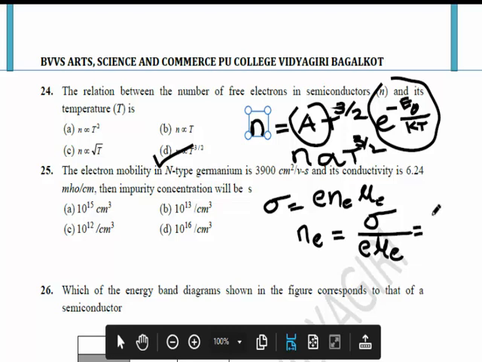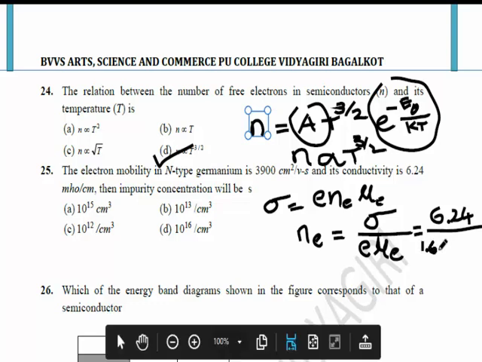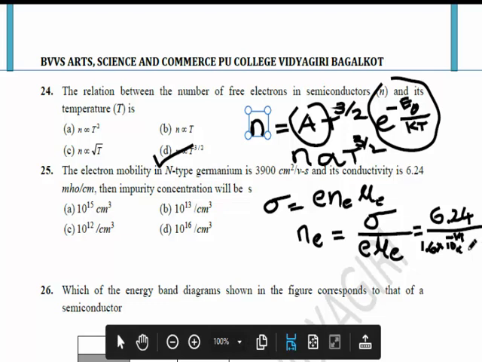What is sigma? Substitute. The value of sigma is already given, conductivity 6.24, whole divided by E. We know that E equal to 1.6 into 10 raised to minus 19, into, so what is mu E?